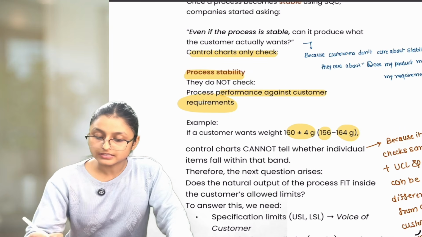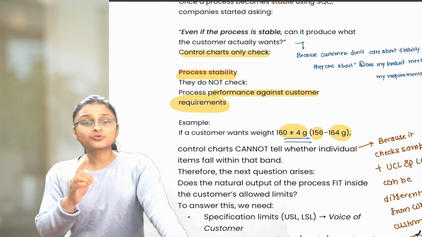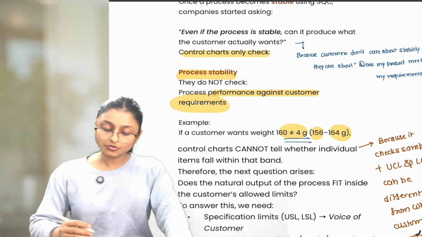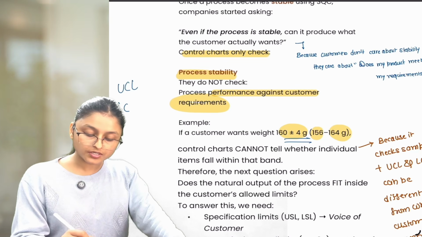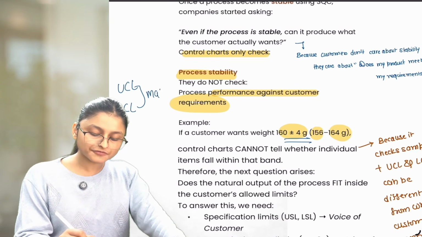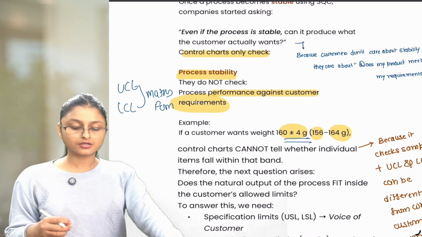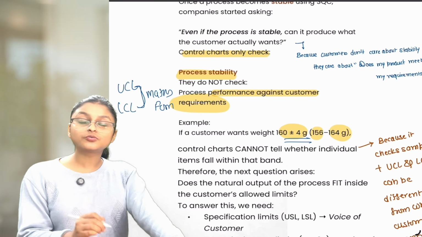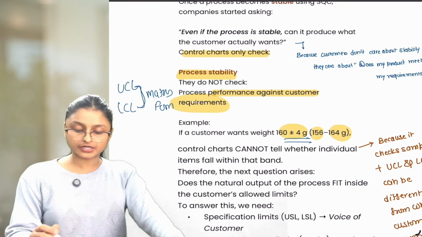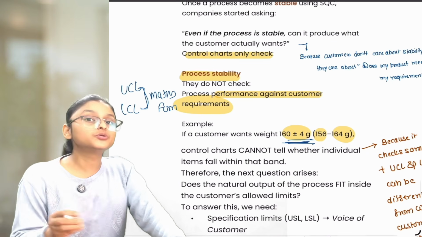But are these limits your upper control and lower control limits? Answer is no. Upper control and lower control limits are set by some maths formula. It doesn't check what your customer wants. The upper control and lower control limits can be completely different from what your customer actually wants.